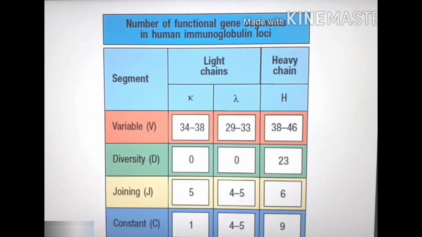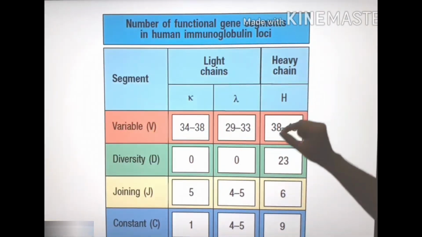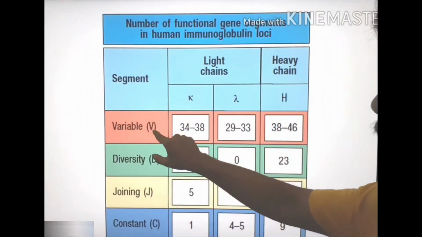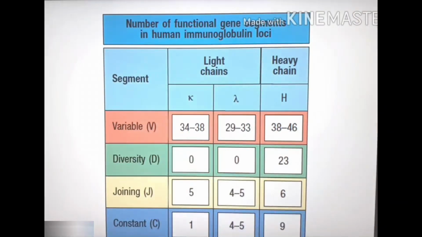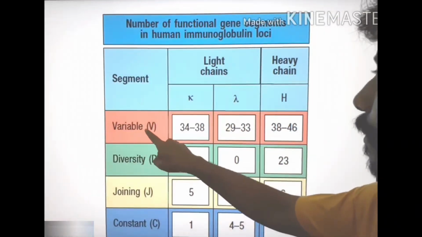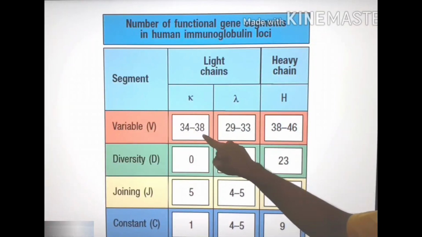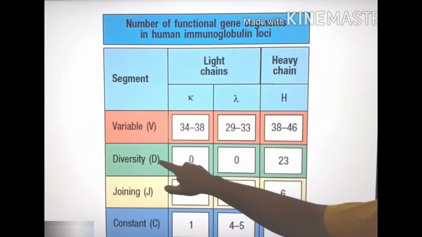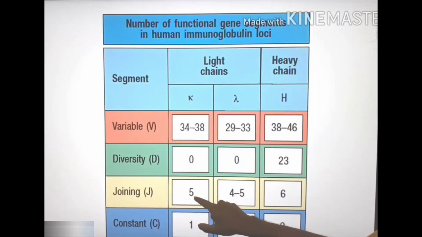In the previous class, I mentioned that the light chain kappa and lambda and the heavy chain consist of variable region, diversity, and joining region. In case of light chain kappa, the variable gene segment can be 34 to 38 and there is no diversity region. The joining region can be 5.